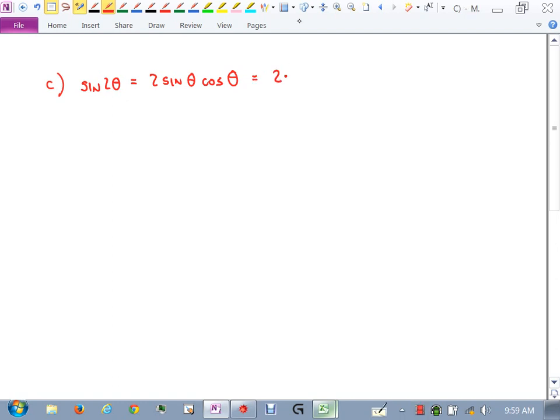Now sine theta we already said was root 3 over 2. And then cosine theta we said was negative 1/2. I believe one of those 2's will cancel.